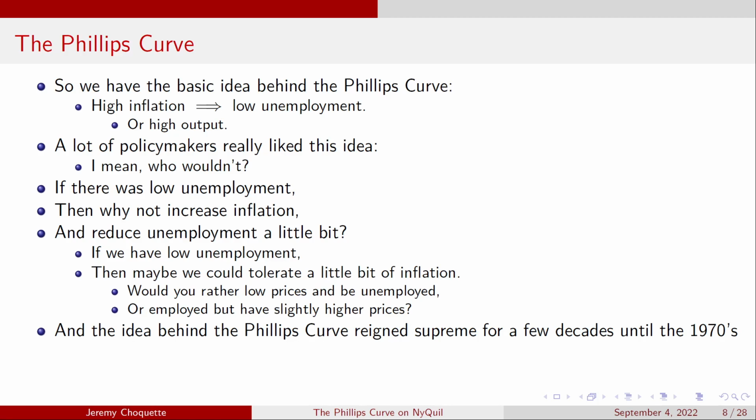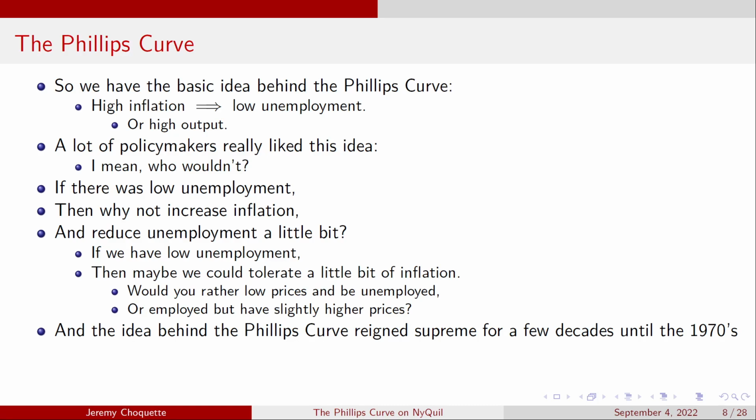And the idea of the Phillips curve reigned supreme for a few decades, really until the 1970s. This relationship between inflation and unemployment was, we could say, exploited in the best way that policymakers could actually attempt to do so.